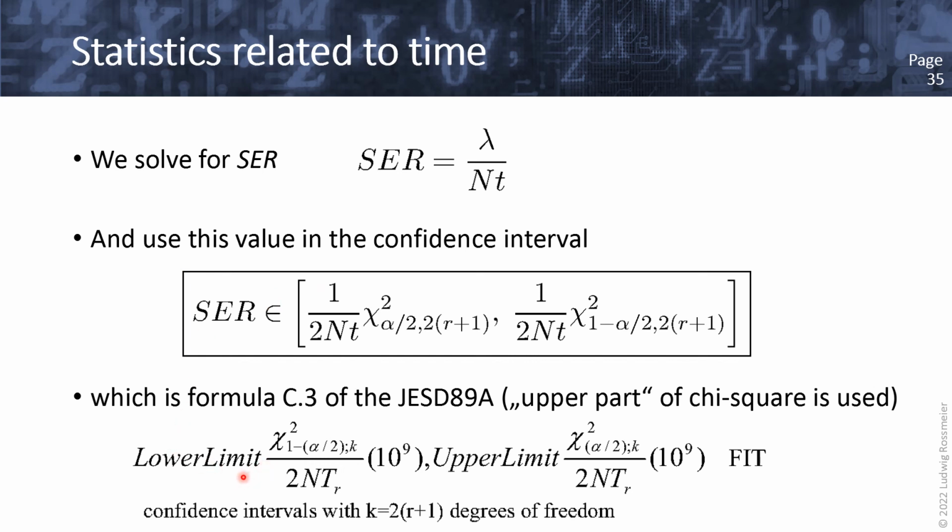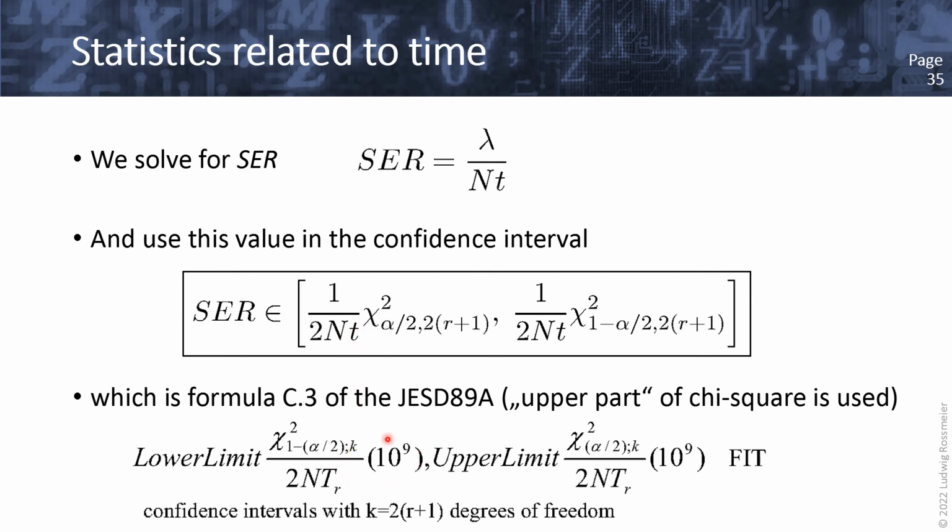It's written as lower limit chi-squared 1 minus alpha half and k. You see the 1 minus alpha half on the upper boundary because the upper part of chi-squared is used. And we divide by 2 times n times tr. Tr is the time of radiation, which is the same as t here.